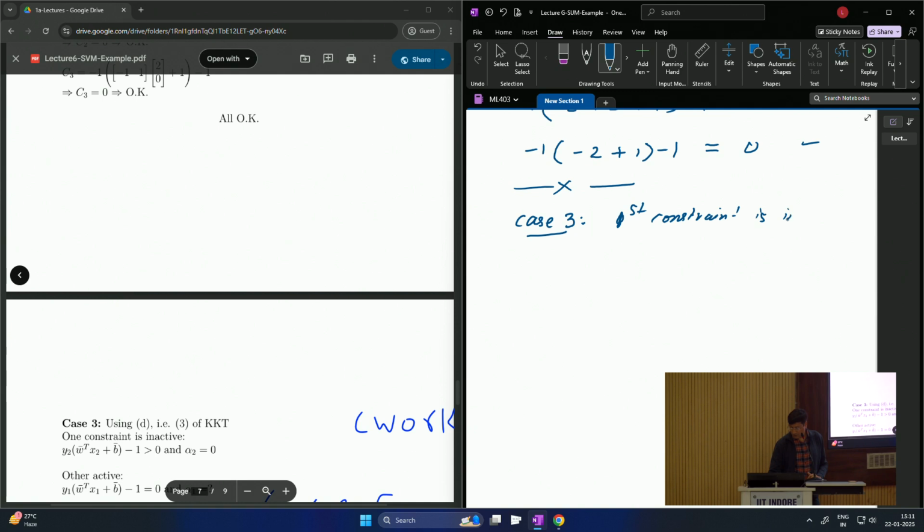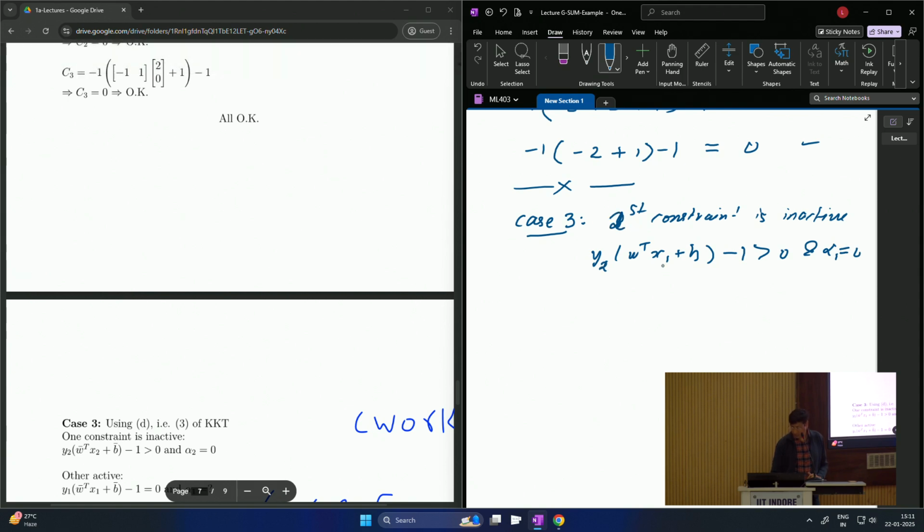The first constraint is inactive, which implies that y1 (w transpose x1 plus b) minus 1 is strictly greater than 0 and alpha 1 is equal to 0. No, the second one we are making, sorry. The second. So the first and the third constraints are active.